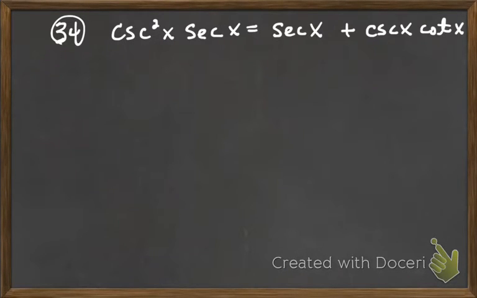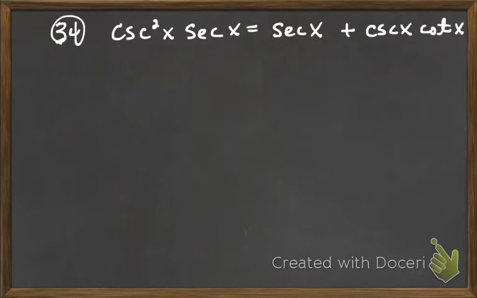We have cosecant squared times secant equals secant plus cosecant times cotan. So I picked the left-hand side probably because the right-hand side had 2 terms that were being added, and I usually don't go to the right-hand side.